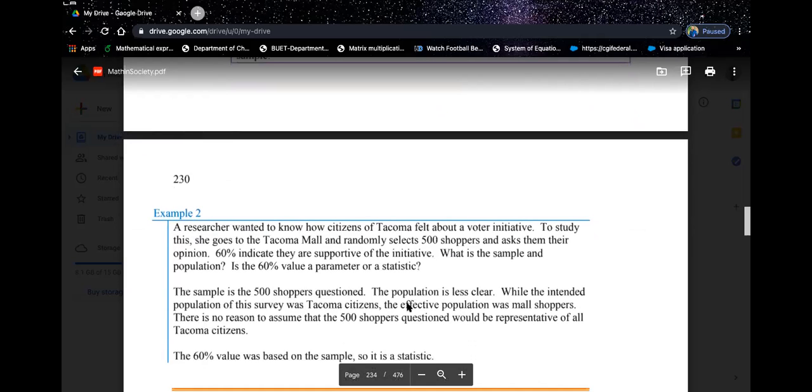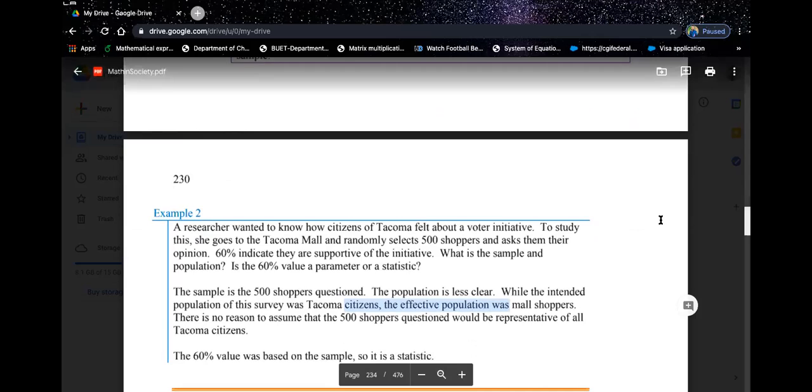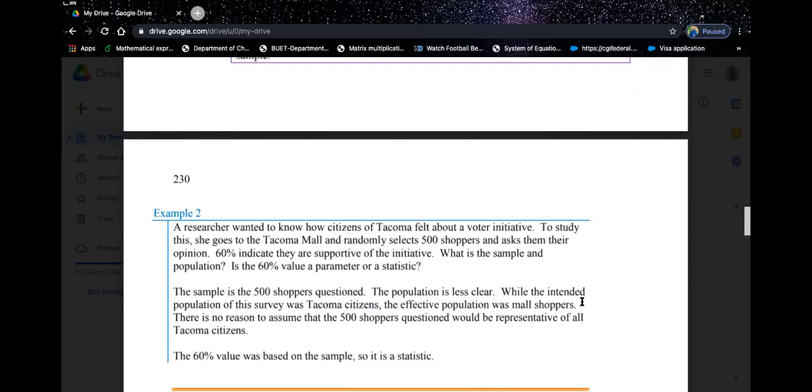And you can see the book also says that the effective population was mall shoppers. Clearly, it makes more sense, and I've already described the reason behind it. Can you relate this with the definition?